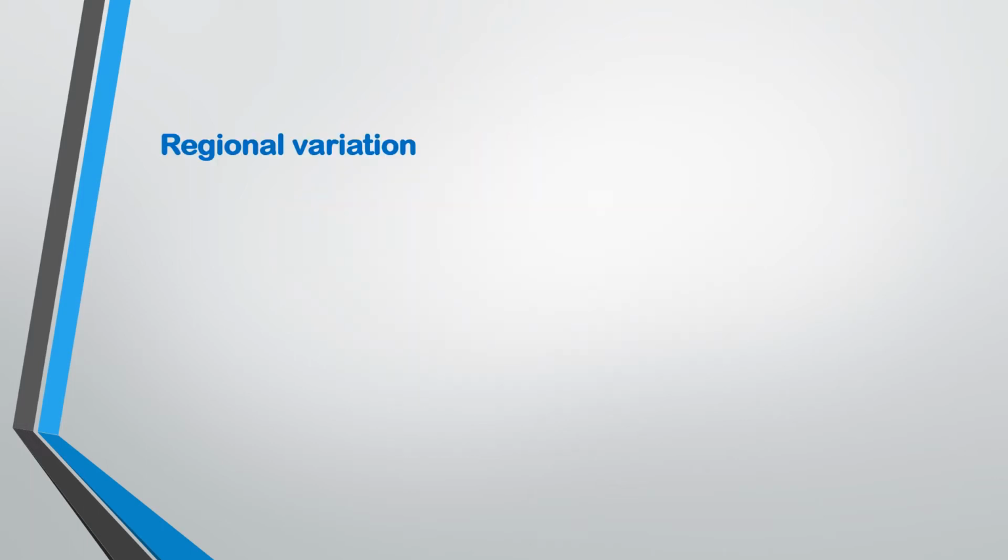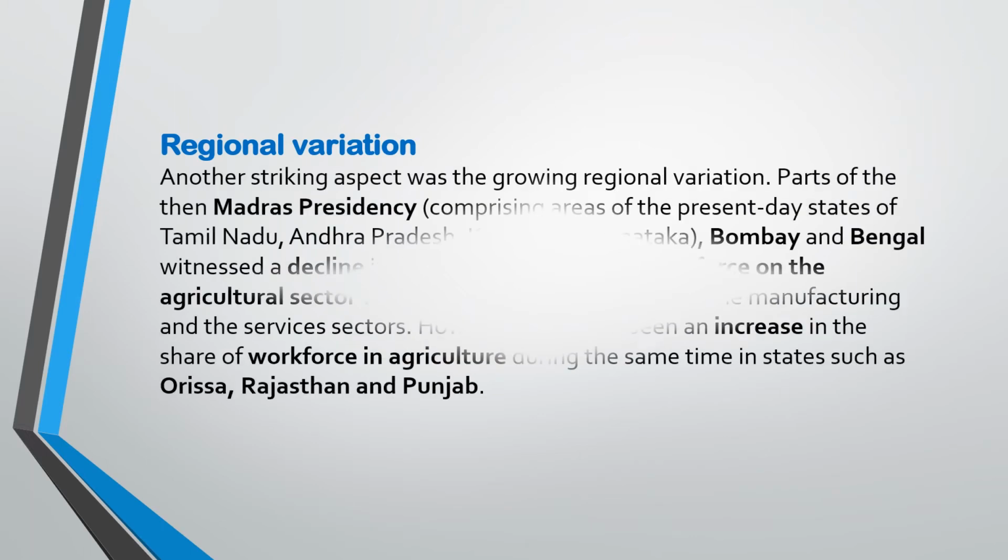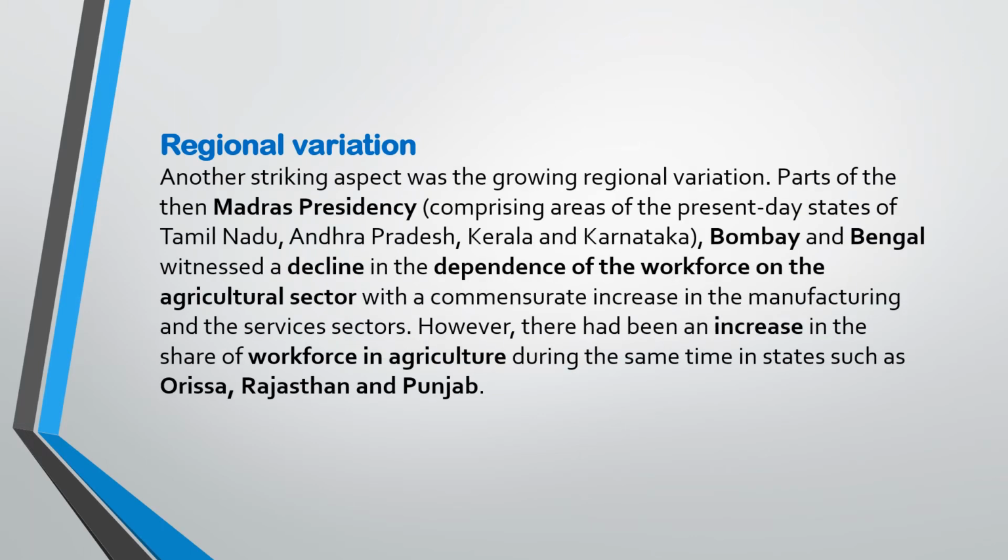Regional variation. Another striking aspect was the growing regional variation. Parts of the Madras Presidency, Bombay, and Bengal witnessed a decline in the dependence of workforce on the agricultural sector, with a commensurate increase in the manufacturing and the services sector.